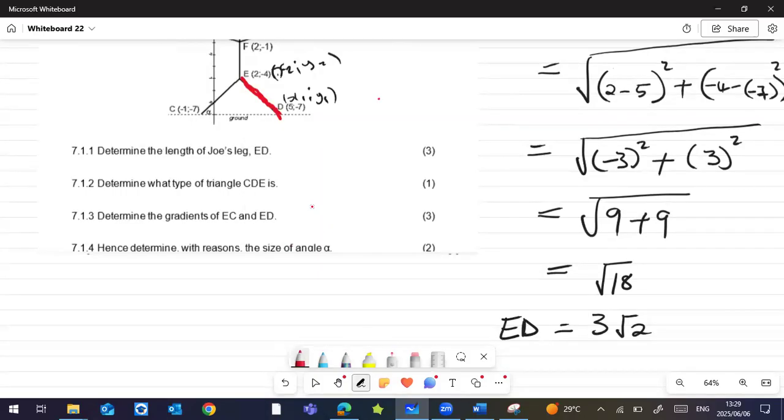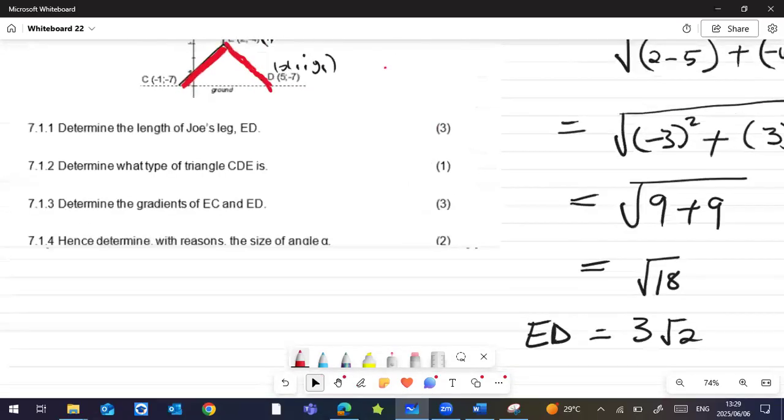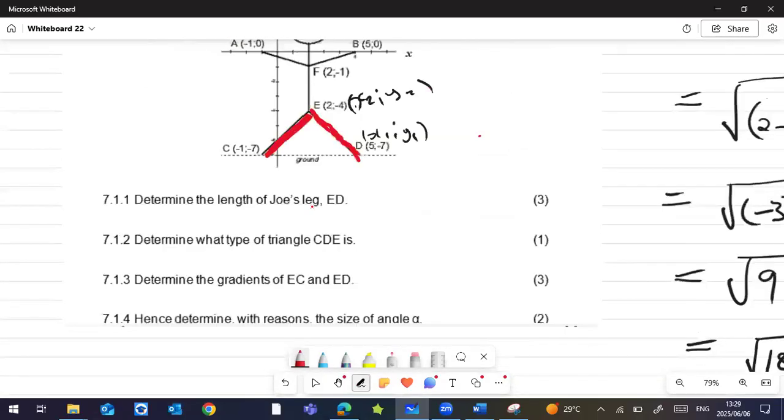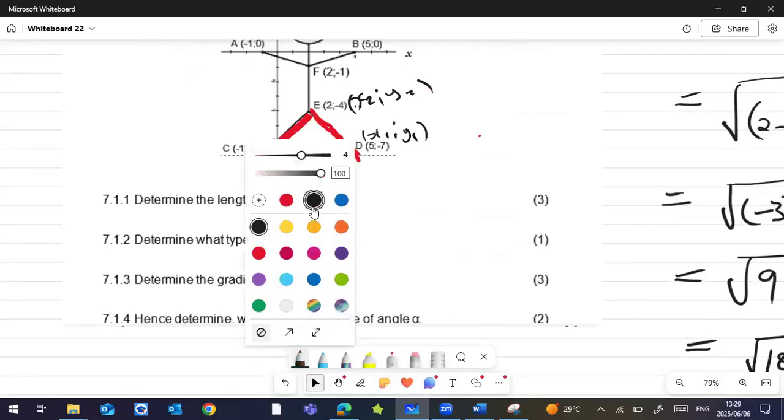When we look at CE, let us find the distance CE. You'd realize that the distance from C to E, using the distance formula. Let's see now our CE. We are focusing on CE.